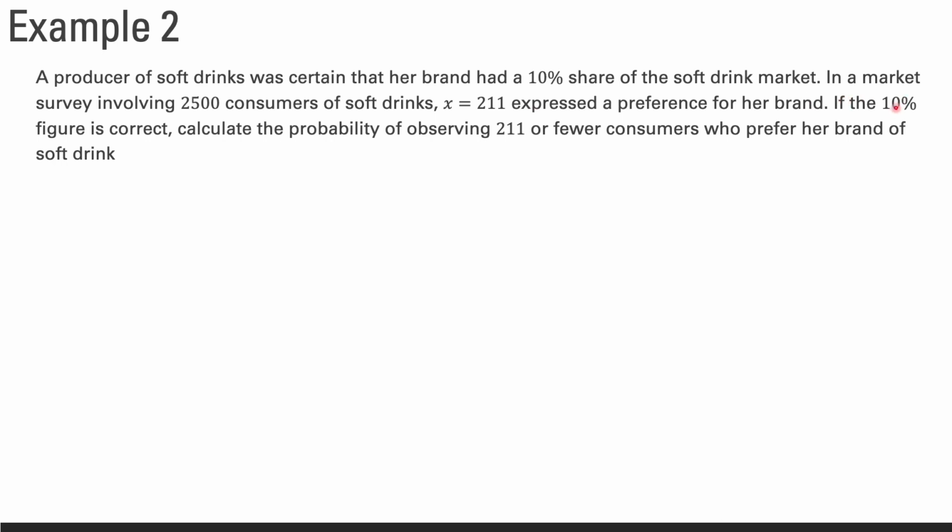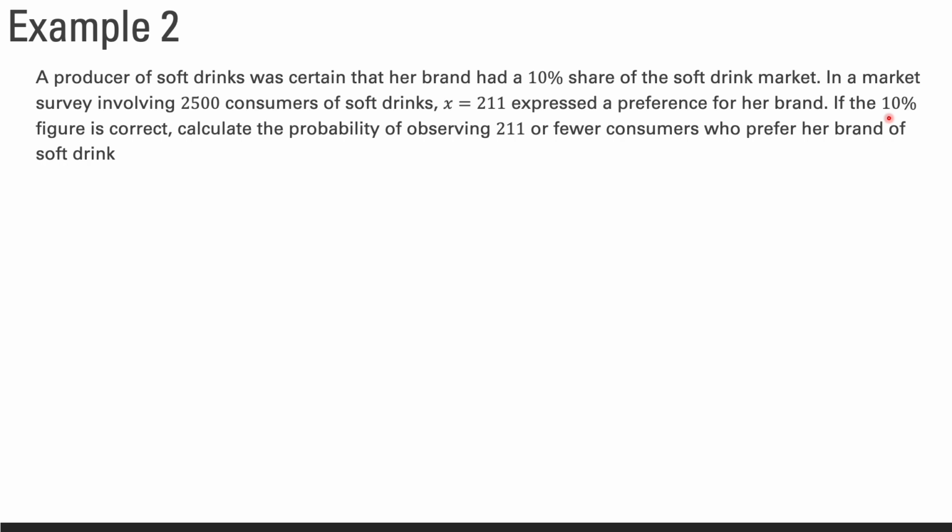Now if her claim that the 10% figure is correct, we have to calculate the probability of observing 211 or fewer consumers who prefer the soft drink brand. The 10%, in decimal instead of percentage, we will write as 0.1.